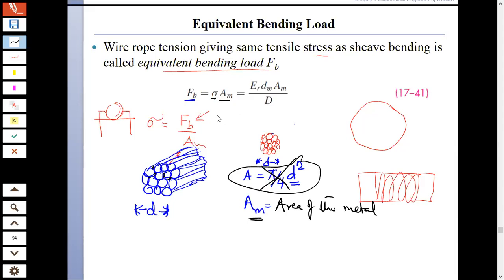And we have further explained what AM will be equal to: it is going to be equal to E_r d_w A_m over D. And this is known as the equivalent bending load. The wire rope tension giving the same tensile stress as shoe bending is called the equivalent bending load.